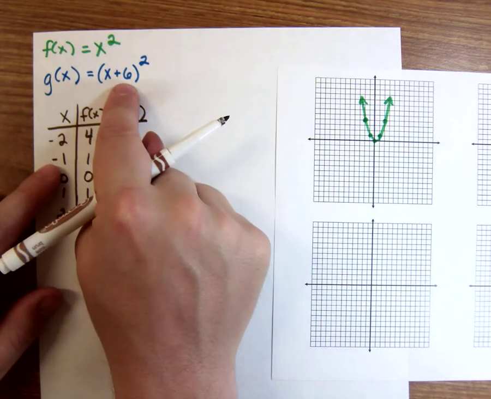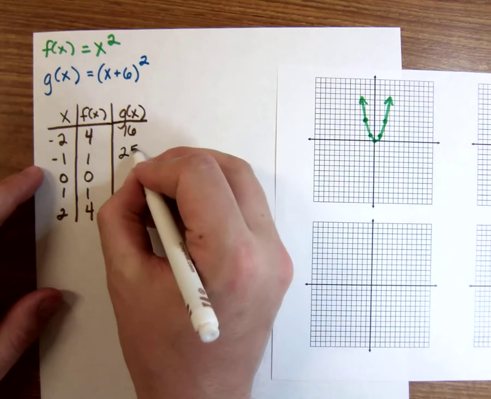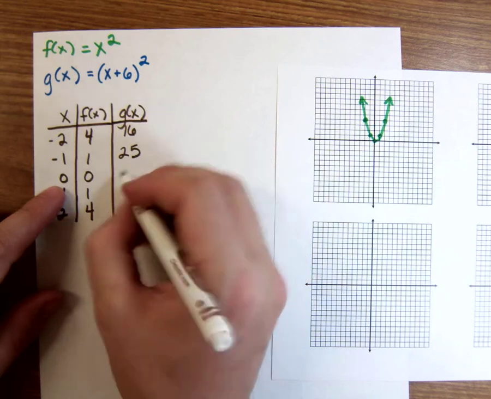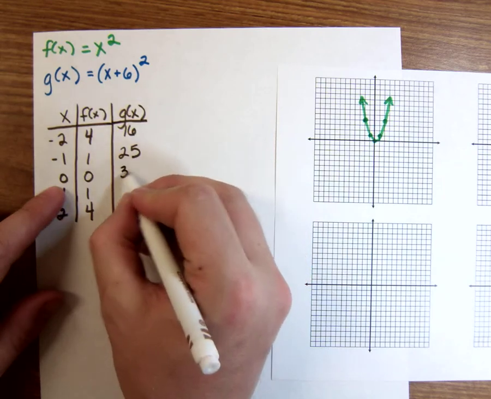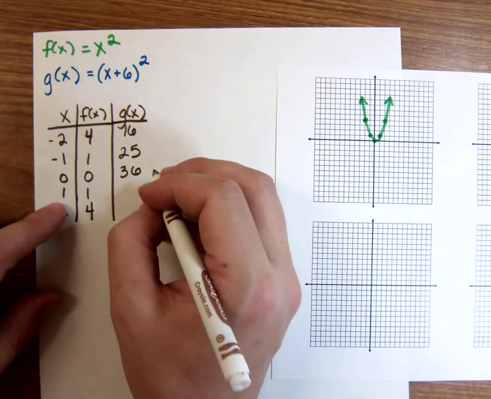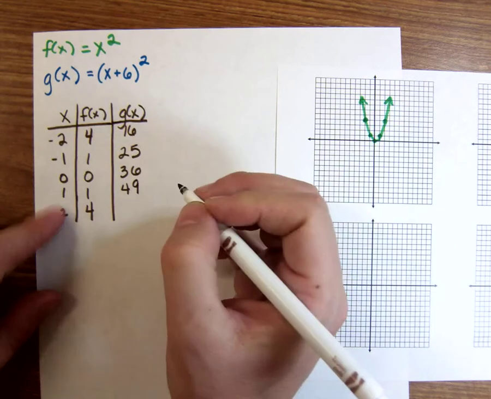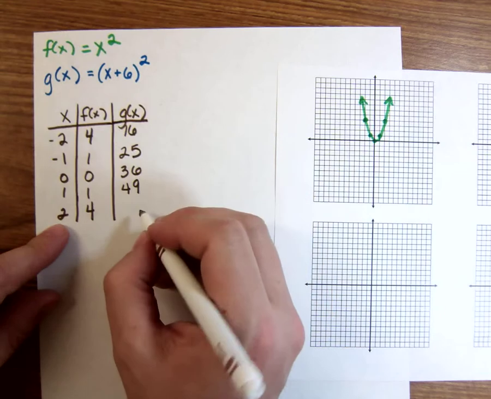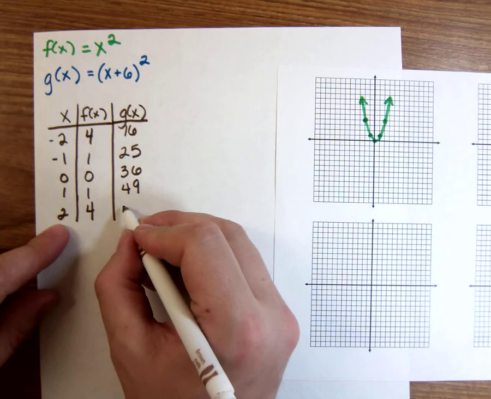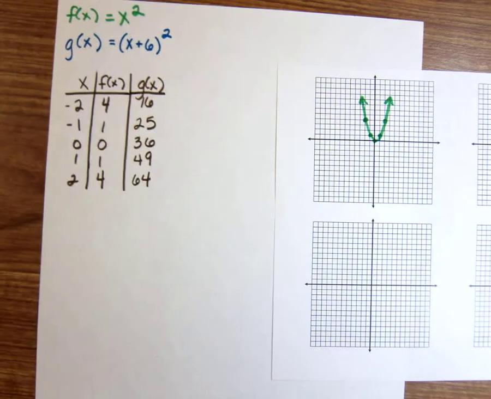Negative 1 plus 6 is 5, and 5 squared. 0 plus 6 squared. 36. 1 plus 6, 7, squared. 49. 2 plus 6 is 8. Squared. 64. Okay. So I see a little bit of a problem with that second column.